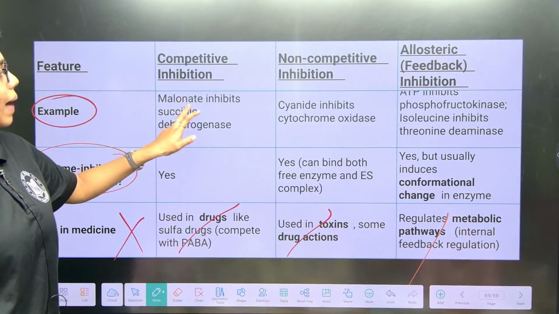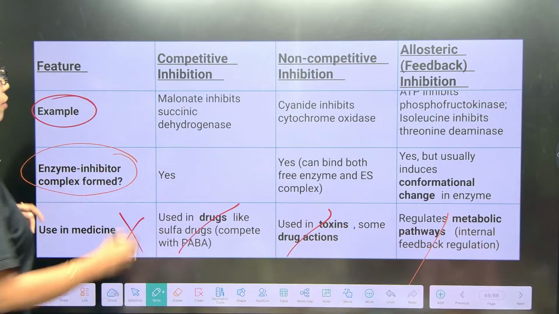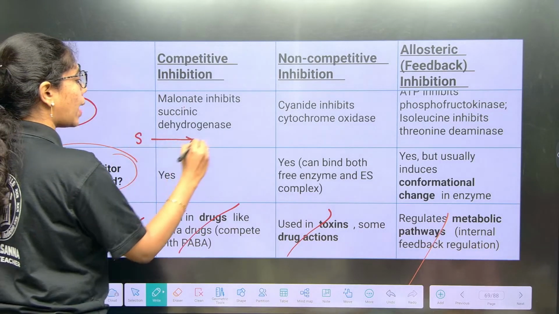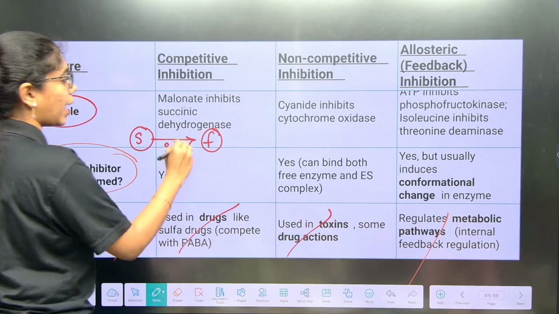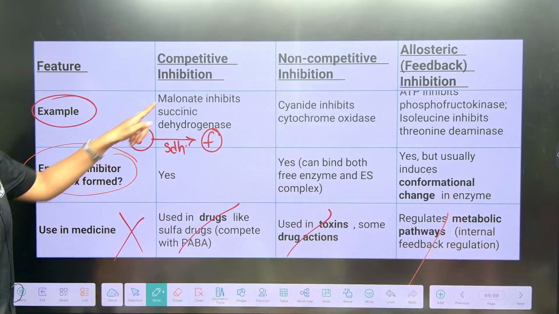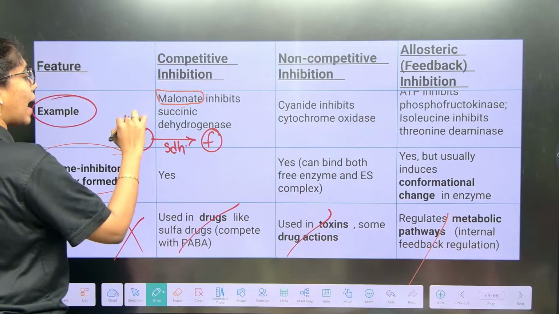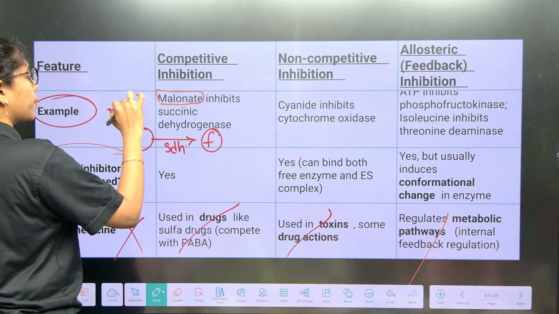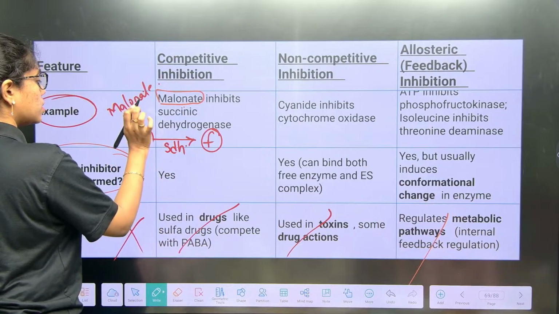Example here: malonate inhibits succinate dehydrogenase, from succinate to fumarate. The enzyme involved is succinate dehydrogenase. So what is it that is mimicking the structure of succinate? Malonate is mimicking the structure of succinate.